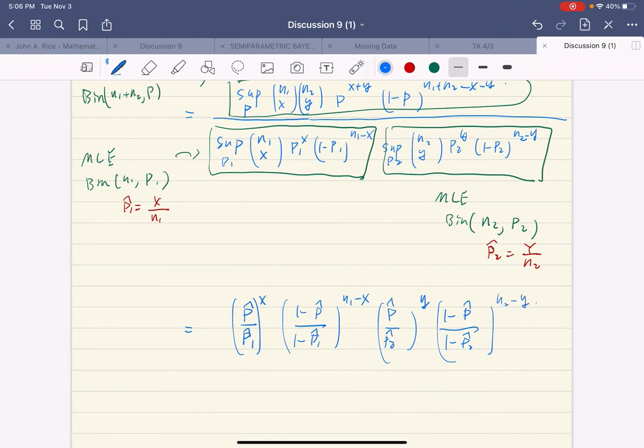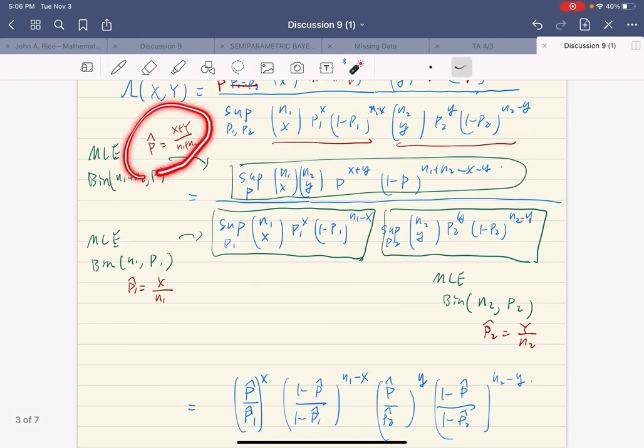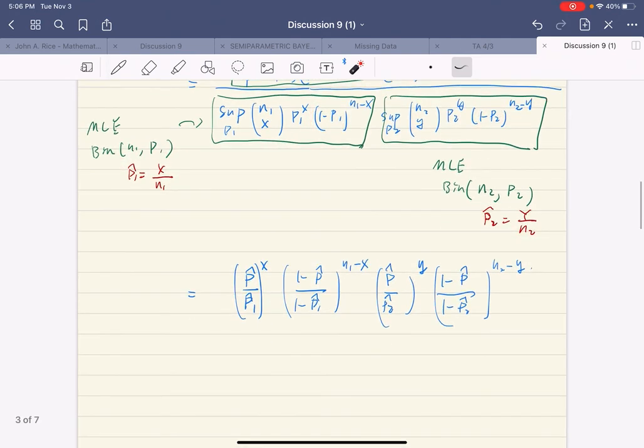So I just plug in these three estimates for p, p1 and p2, and we get the formula like this.